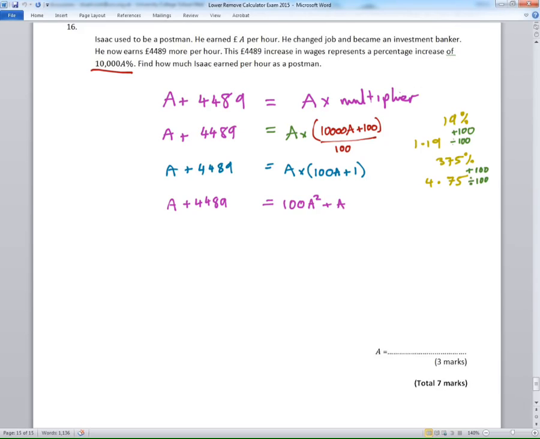Notice how we've got A's on both sides, which cancel. So we get 4,489 is equal to 100A squared. Dividing both sides by 100 gives £44.89 is equal to A squared. And when we square root both sides, we end up with A is equal to £6.70, which happens to be the minimum wage in the UK at the moment.